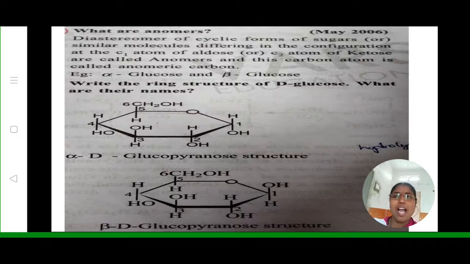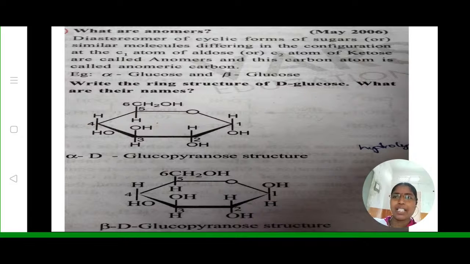So alpha and beta glucose are anomers of glucose.